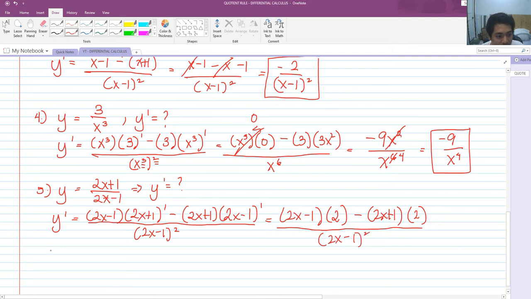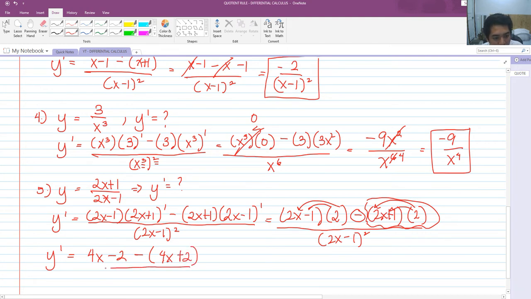Okay, so we try to simplify that by distributing 2 here, same as with the 2 here. And for this term, please don't forget the negative sign. So we have 2 times 2x, that's 4x minus 2. Then minus 2 times 2x is 4x, then 2 times 1 is 2, all over 2x minus 1 squared.